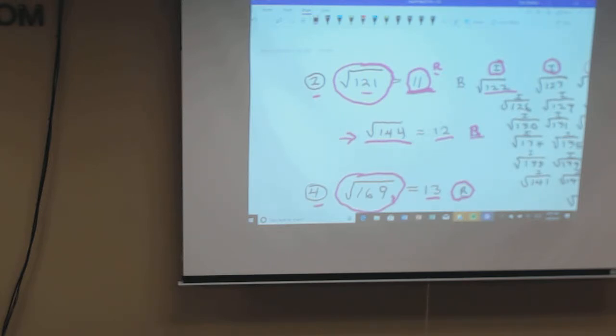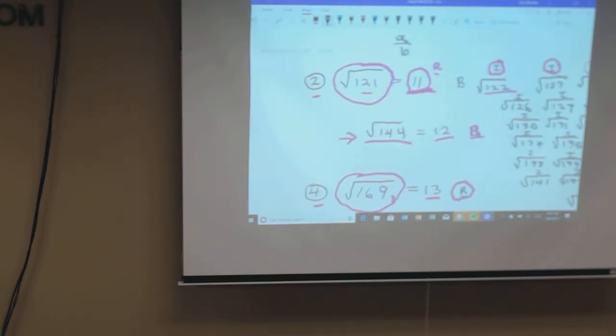A rational number, on page 259, top of the page, is a number that can be put in the form of a over b, where a and b are integers. Well, a over b, do I have any space here at the top to write a little bit? A over b, that would be like this.